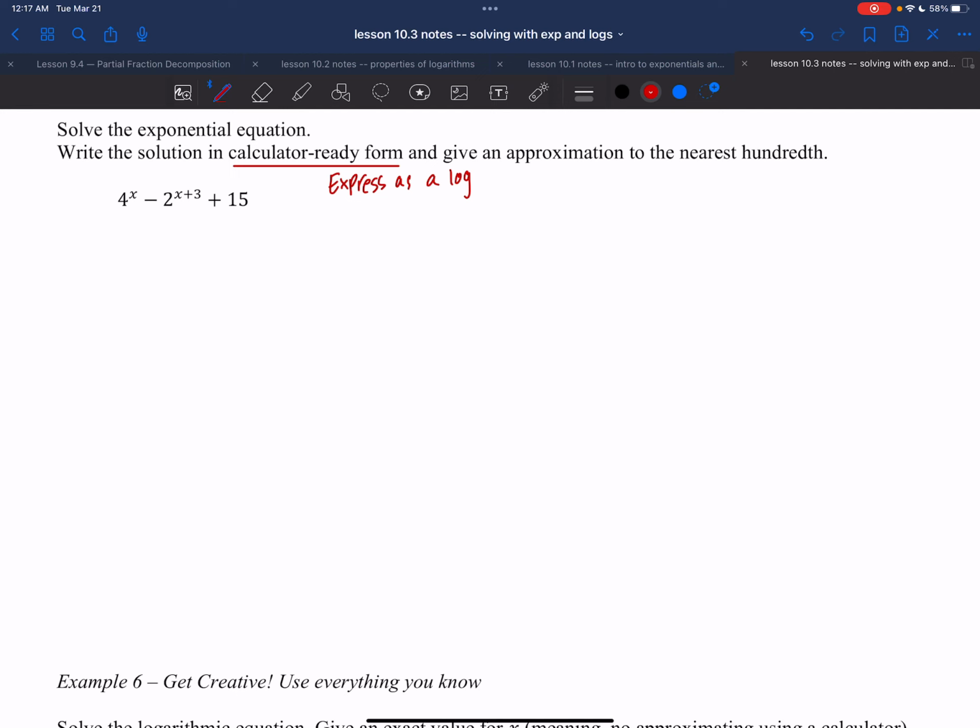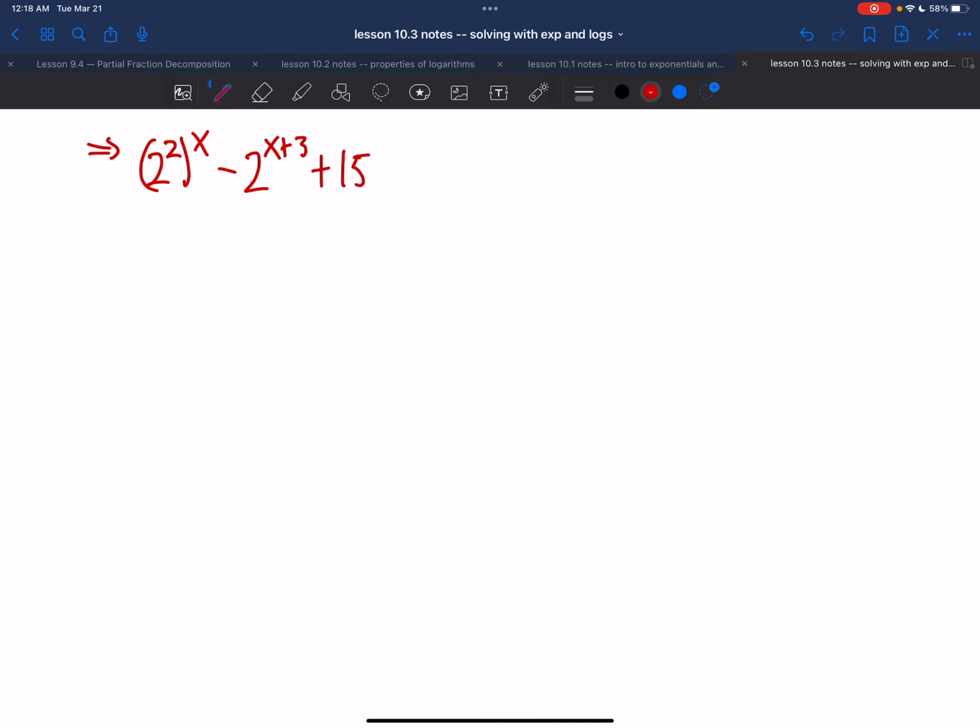So 4 to the power of x, minus 2 to the x plus 3, plus 15. I'm going to have fun with this. I'm going to manipulate it. Well, 4 could be written as a base of 2. So this is actually 2 squared to the x minus 2 to the x plus 3 plus 15. Okay, that is true.